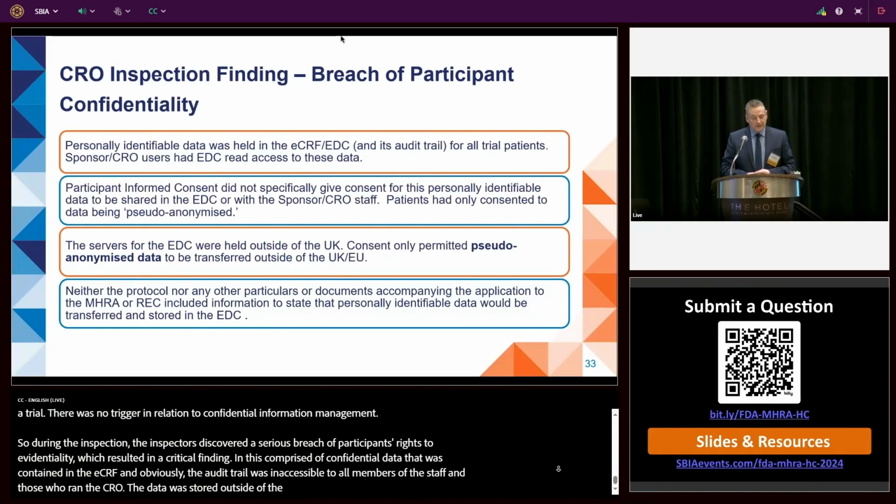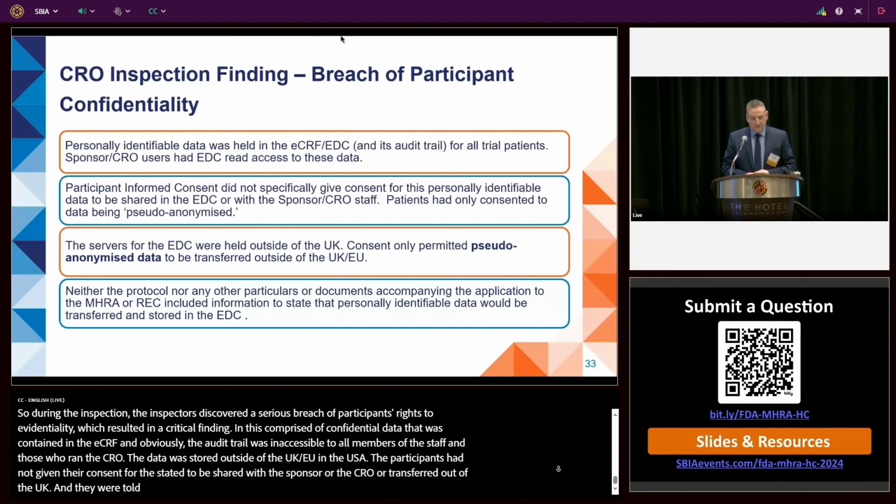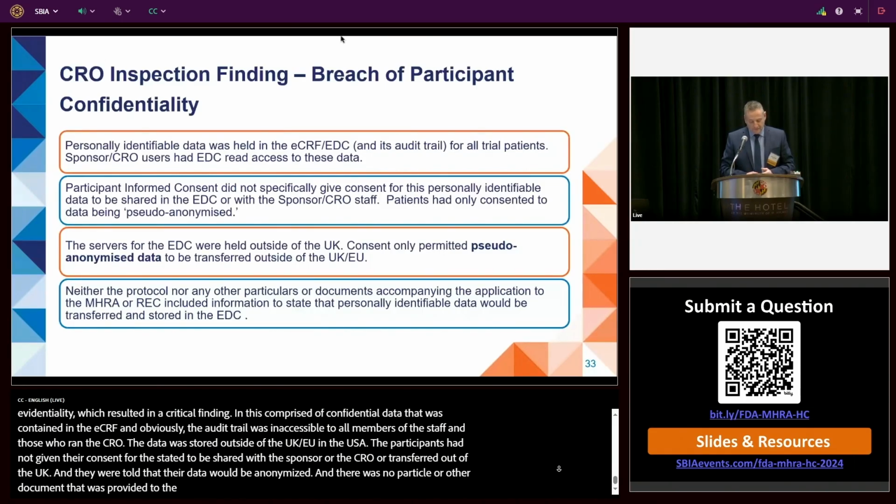The participants hadn't given their consent for these data to be shared with the sponsor or the CRO or transferred out of the UK, and they were told that their data would be pseudo-anonymized. And there was no protocol or other document provided to the MHRA or to the Research Ethics Committee that stated these data would be captured in the eCRF and available to the sponsor in this manner.